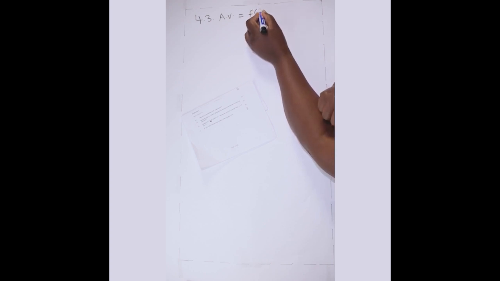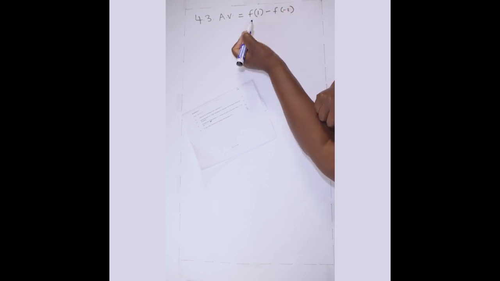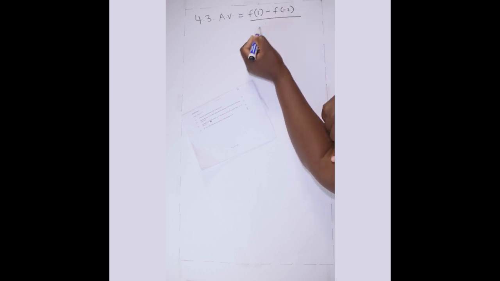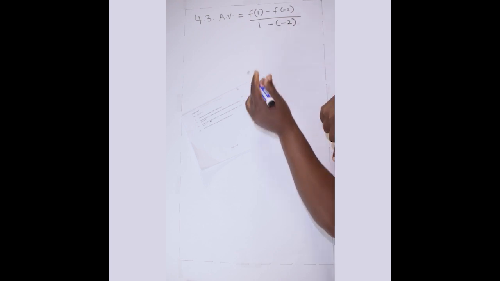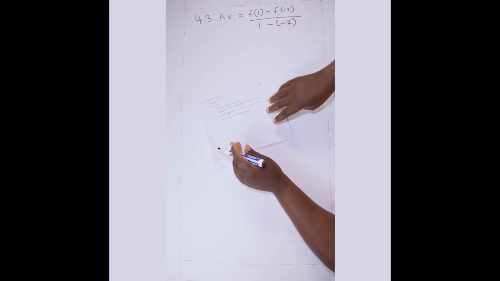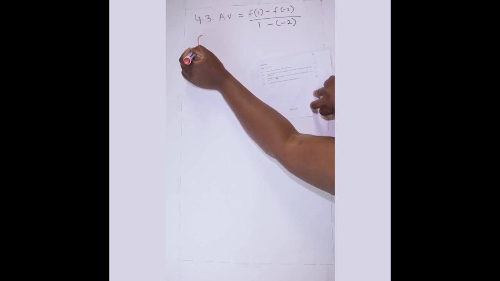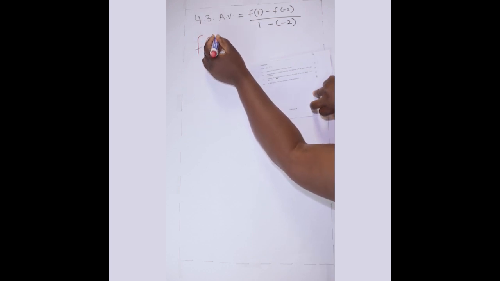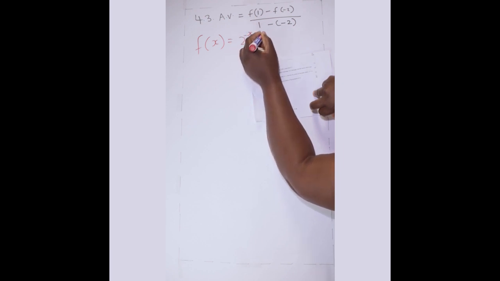So it's f of 1 minus f of minus 2, which represent your y2 and your y1, divided by the x values, which is 1 minus minus 2. Now one will say, how do I find f of 1? To find f of 1, matrix, you take your equation that was given as f of x equals 2 to the negative x plus 1.